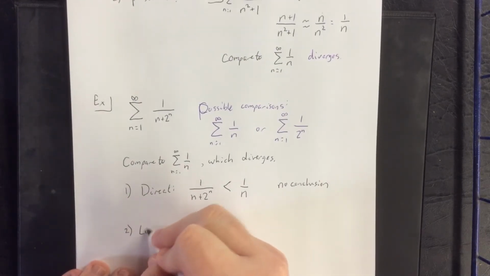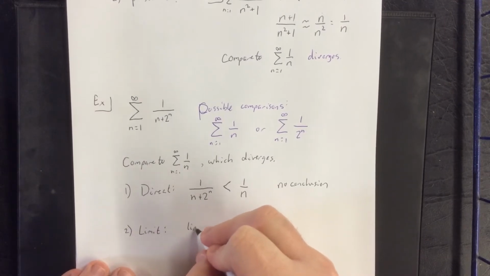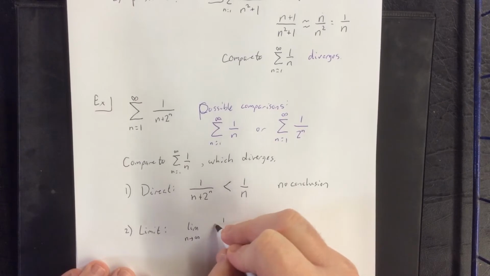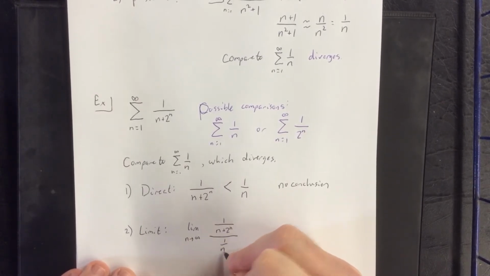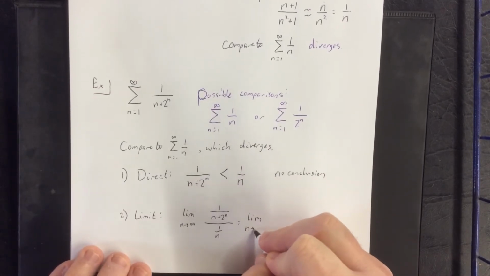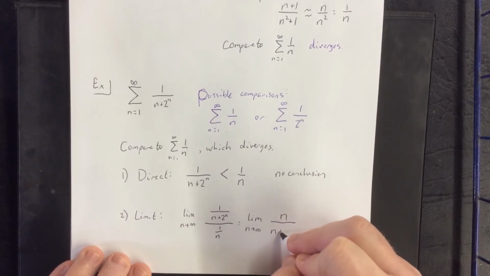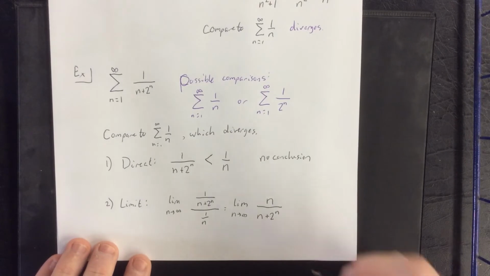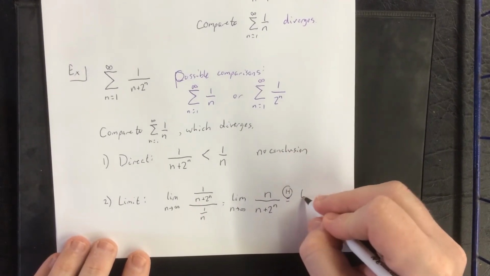If we tried the limit comparison test, I'd be taking the limit as n goes to infinity of one of these over the other one. If I do similar algebra to what I did up above on the page, we could express this as n over n plus 2 to the n. This is an indeterminate form of infinity over infinity, so I'm going to apply L'Hopital's rule once.